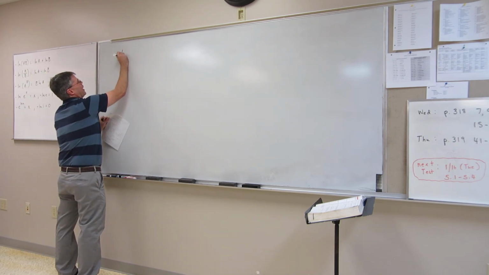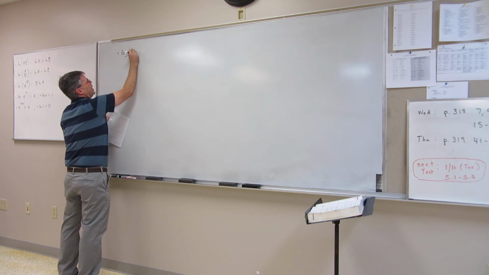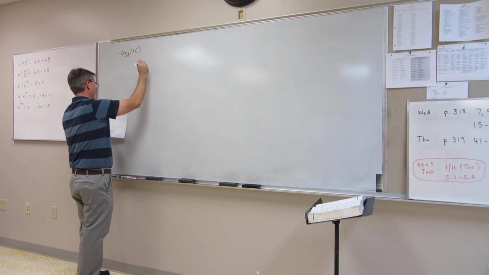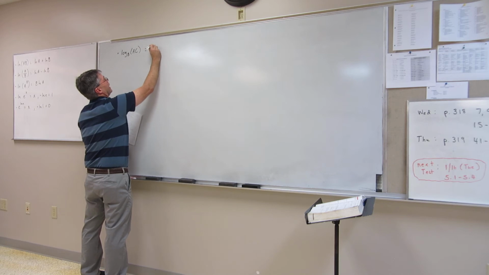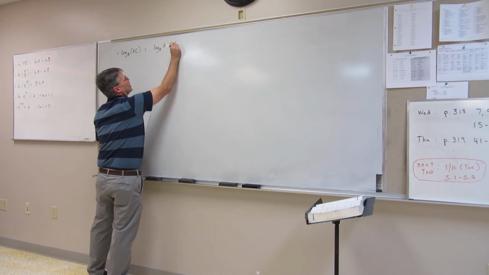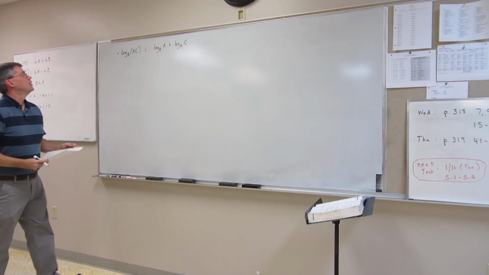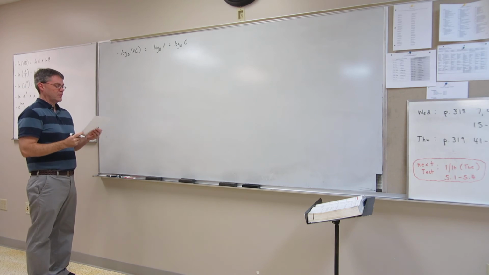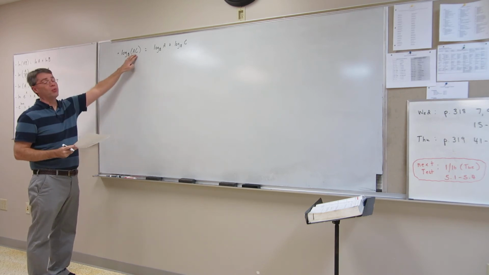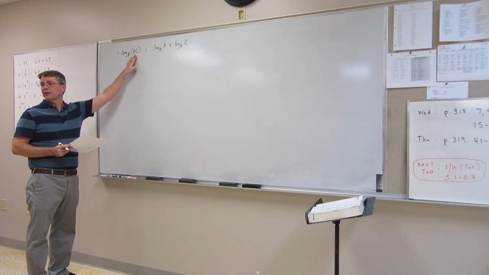So for example, if I have log base b of a times c, I can rewrite that as log base b of a plus log base b of c. Okay, so if we have a product, multiplication, we can split them apart. Do you remember doing that last year?